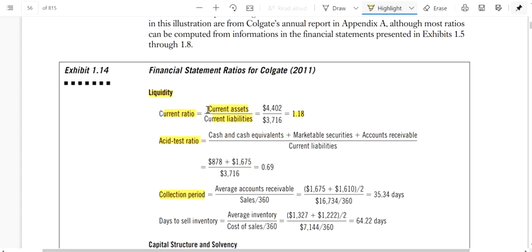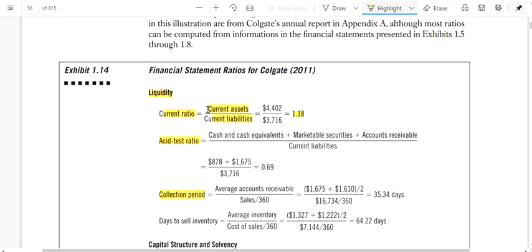Maksudnya untuk setiap RM1 hutang, dia boleh cover dengan RM1.18 asset. Maksudnya bagus lah, sebab dia ada banyak asset daripada liability. Maksudnya dia mampu untuk bayar.